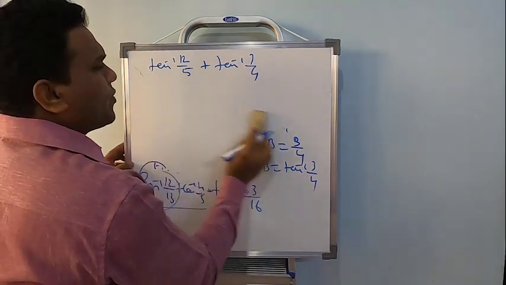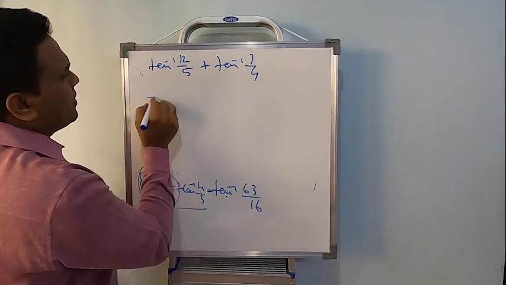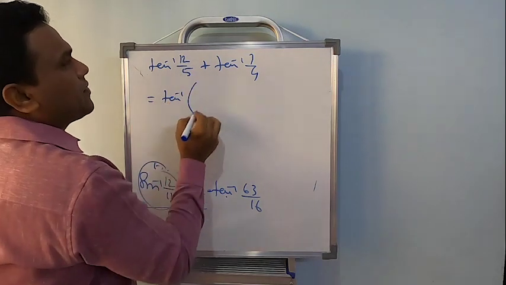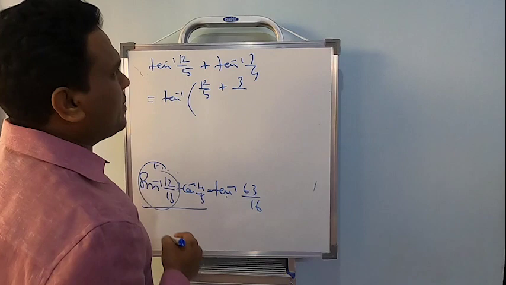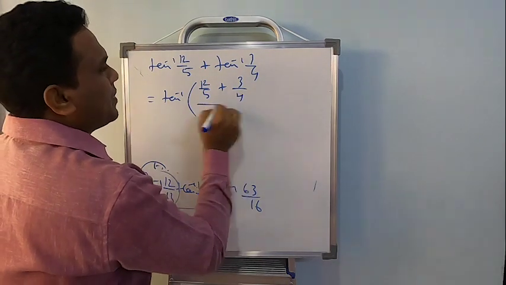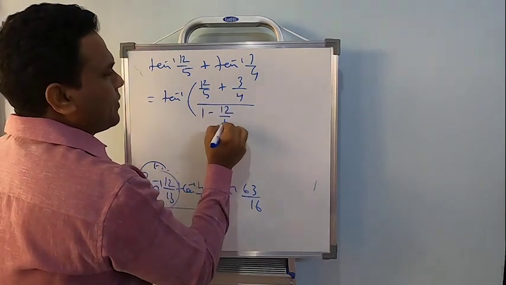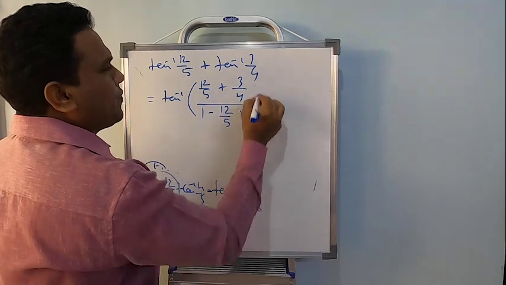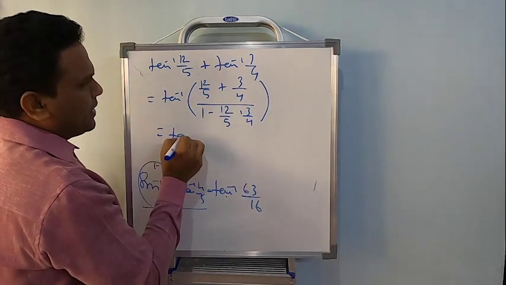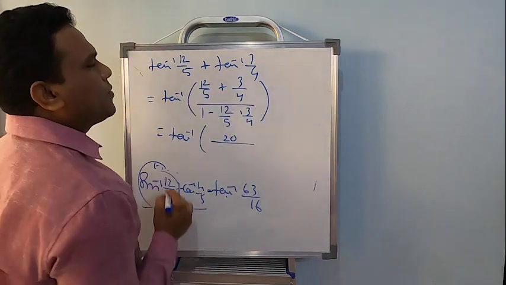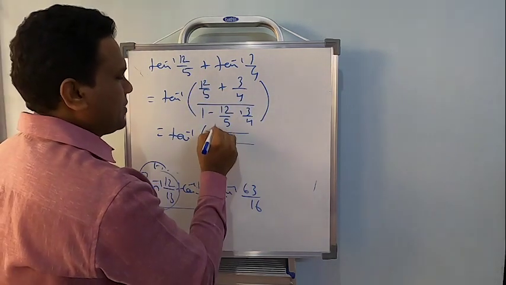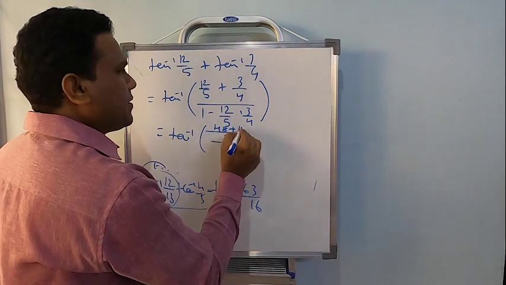So apply the formula of tan inverse x plus tan inverse y. Tan inverse x plus tan inverse y is given by tan inverse of 12 by 5 plus 3 by 4, by 1 minus 12 by 5 multiplied by 3 by 4. So let's continue by taking LCM. The LCM is going to be 20. So it's going to be 48 plus 15, correct?